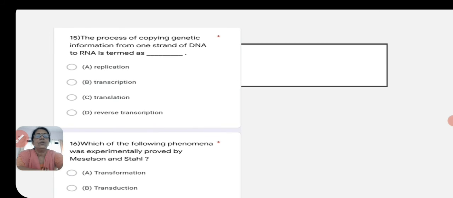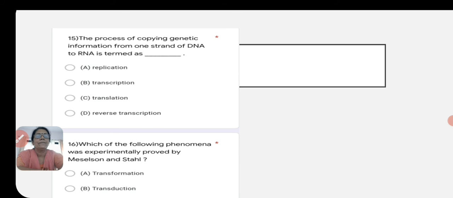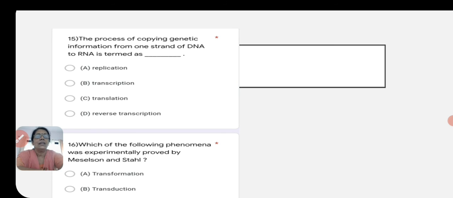The process of copying genetic information from one strand of the DNA to the RNA is termed as: replication, transcription, translation, or reverse transcription. Replication means from a single DNA strand, two new strands are produced. Transcription means from DNA, the messenger RNA is synthesized.